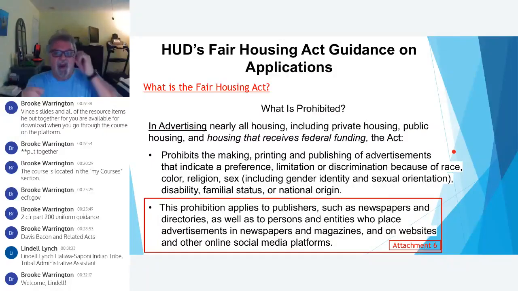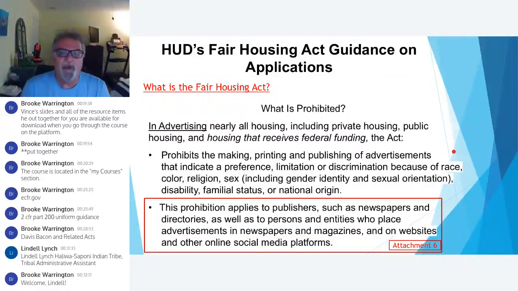Nearly all housing, including private housing, public housing, and housing that receives federal funding through the different legislations, NAHASDA in this case, is covered. Under the Fair Housing Act, it prohibits the making, printing, or publishing of advertisements that indicate a preference, limitation, or discrimination because of race, color, religion, etc.